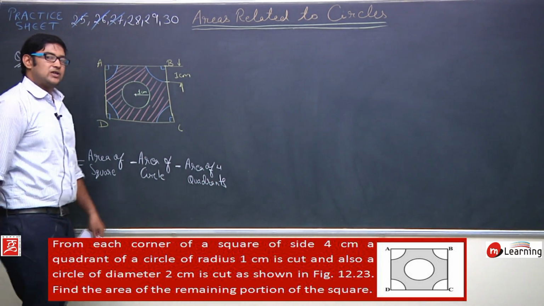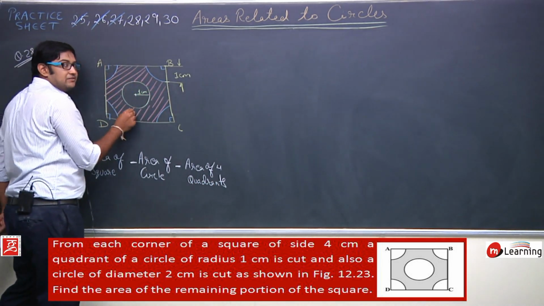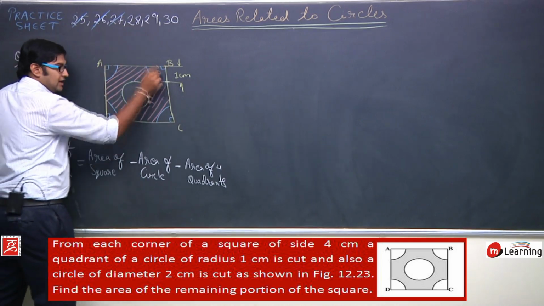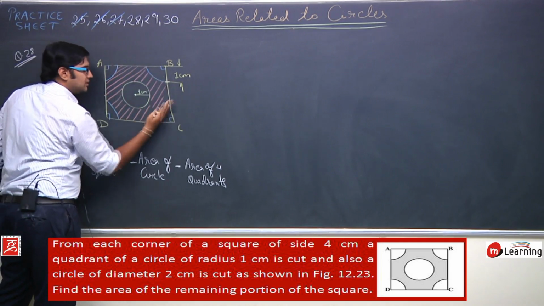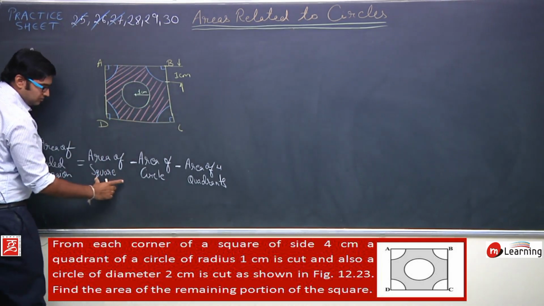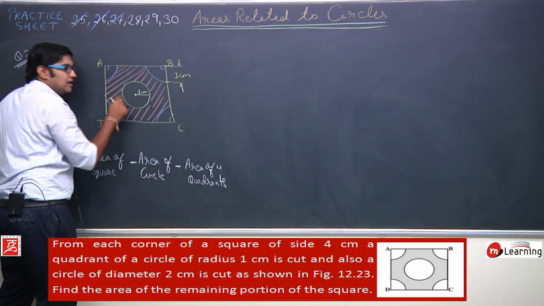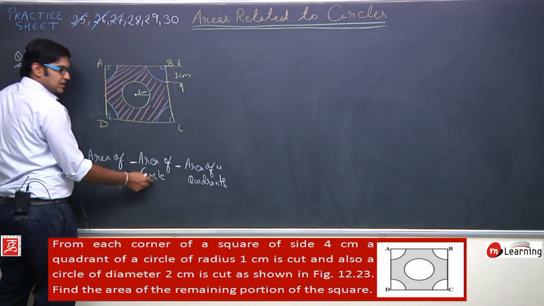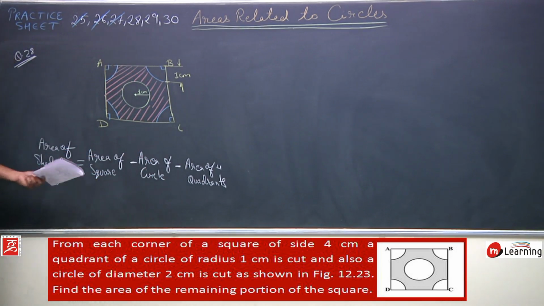Okay, so try to understand what I have written. I have said that the area of the shaded region will be what? From the square, I have taken this square sheet, I have removed this part, this part, this part, and this part. So from the area of square I have deducted these 4 quadrants, and I have removed a circle from the center. So this is the circle that I have removed. So this much area will be known as the area of shaded region.